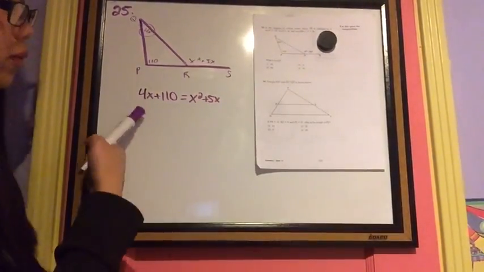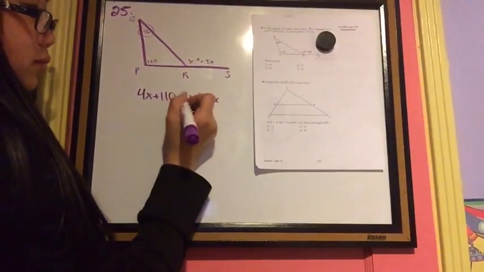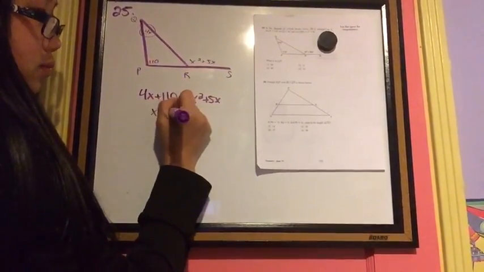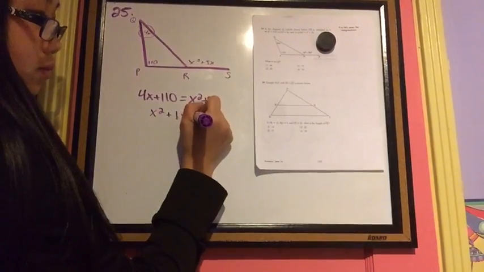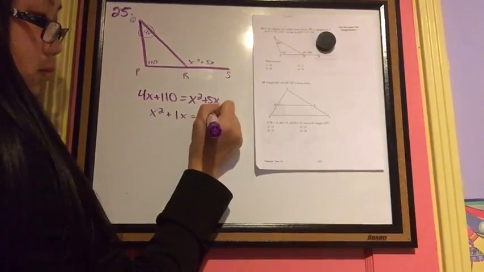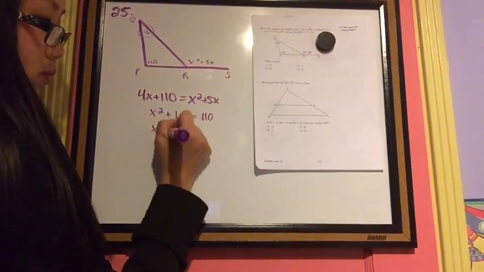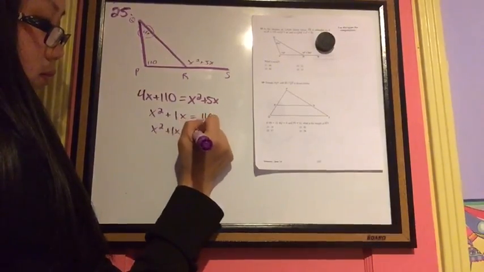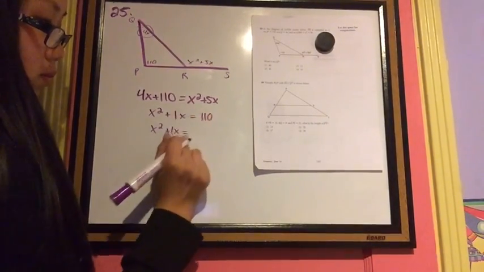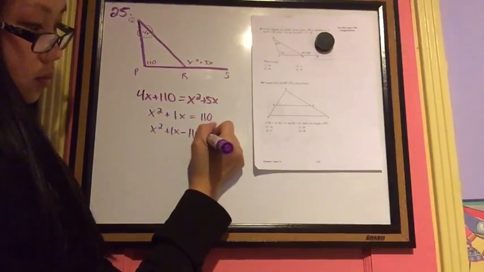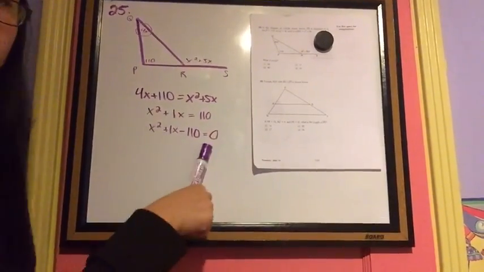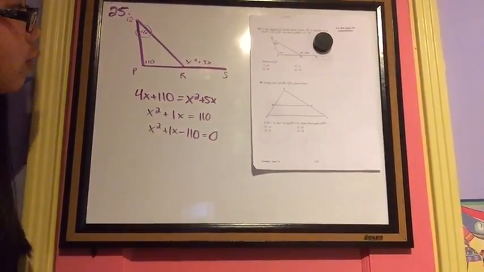Okay, so from there we have to solve it. We can subtract the 110. So now we must solve in a quadratic form.